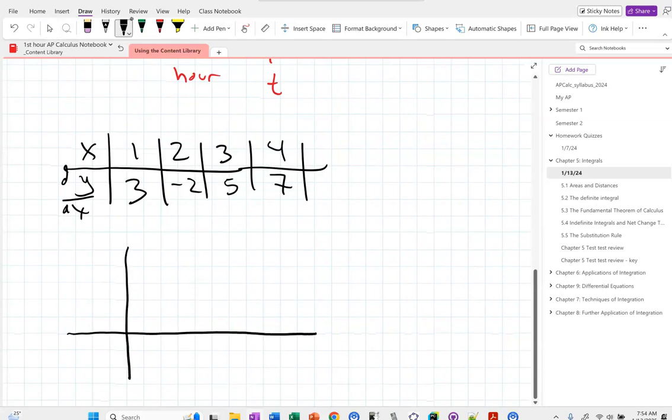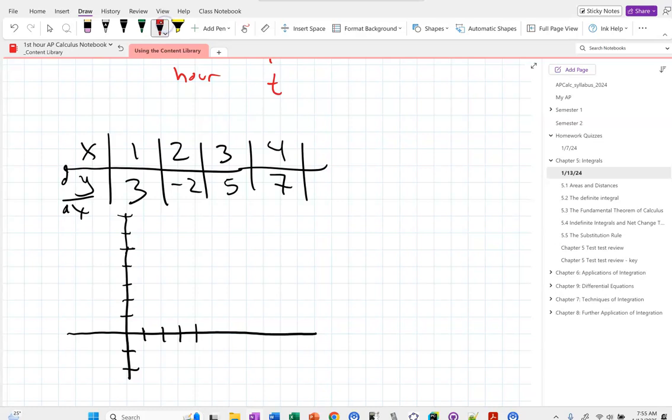So if I were to plot this, I don't know what the function is doing in between, but I could approximate it by doing something like this, right?